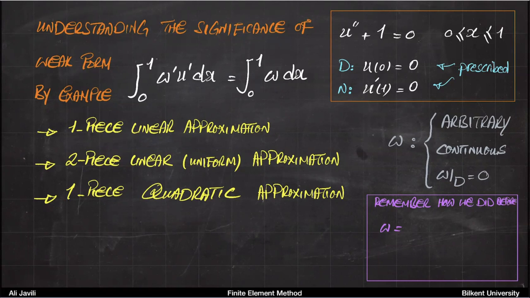So let's just think about a one-piece linear approximation for now. If it was a one-piece linear approximation, we did like W equals C1x plus C2, and then we said U equals D1x plus D2.